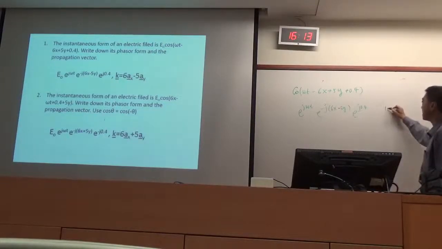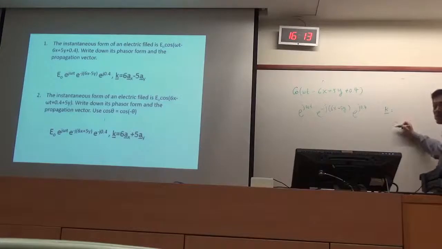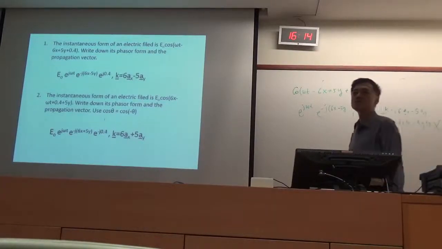So this one, the k, the propagation vector, is 6 ax minus 5 ay. There are people who write k equal to 6x ax minus 5y ay, which is also wrong.